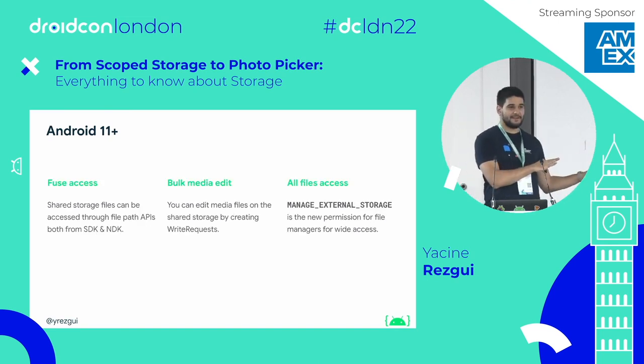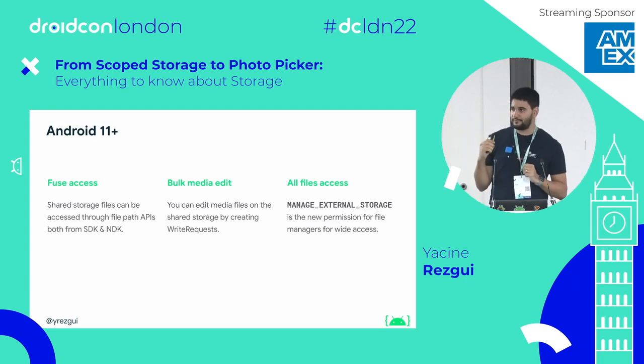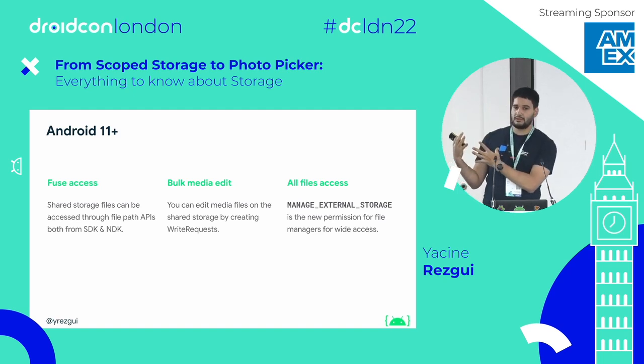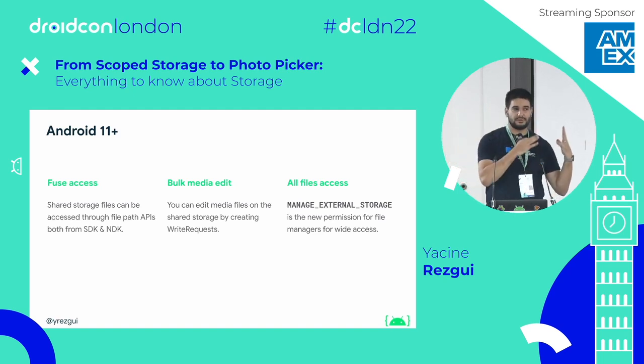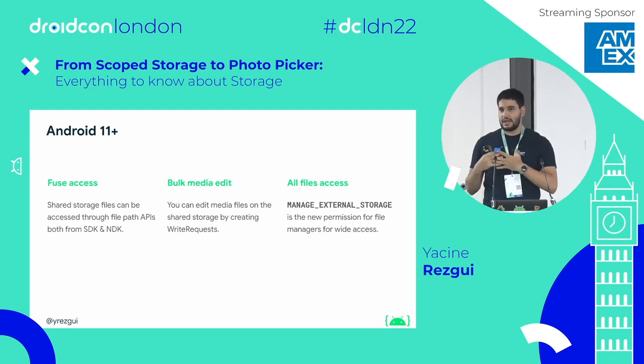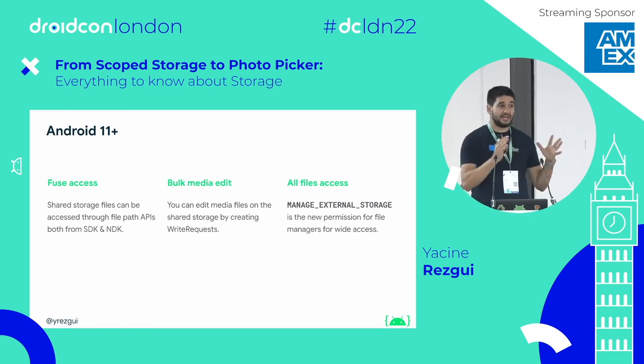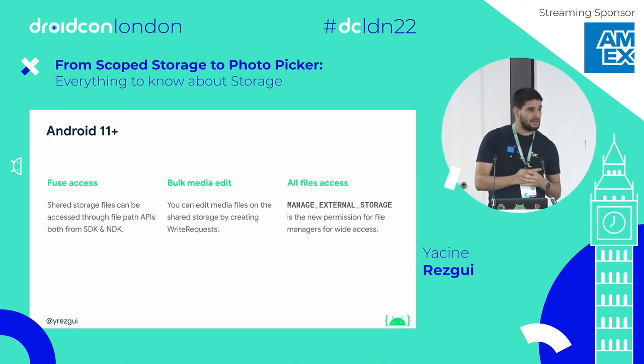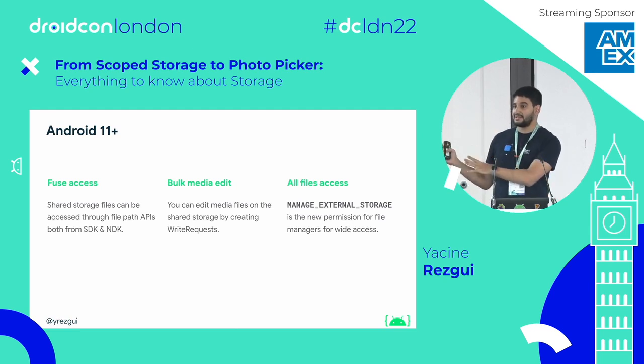So that was Android 10. Android 11, we made even more improvements. So when you wanted to have access to the shared storage, you had to only use Media Store and URIs. If you're not familiar with that, I think it's just a different way to see file paths, but all the java.io API you are used to, so the File class and things similar to that, you couldn't access those files.